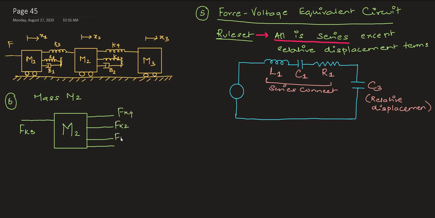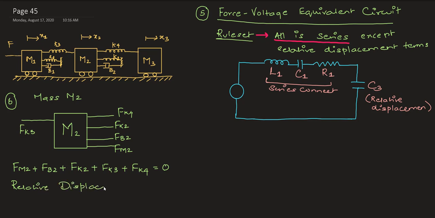Do not get confused between the force voltage and the force current, which will be seen next. For the isolated mass M2, we do the same thing. For mass M2, the relative displacement comes from two springs, K3 and K4, if you look at the question.